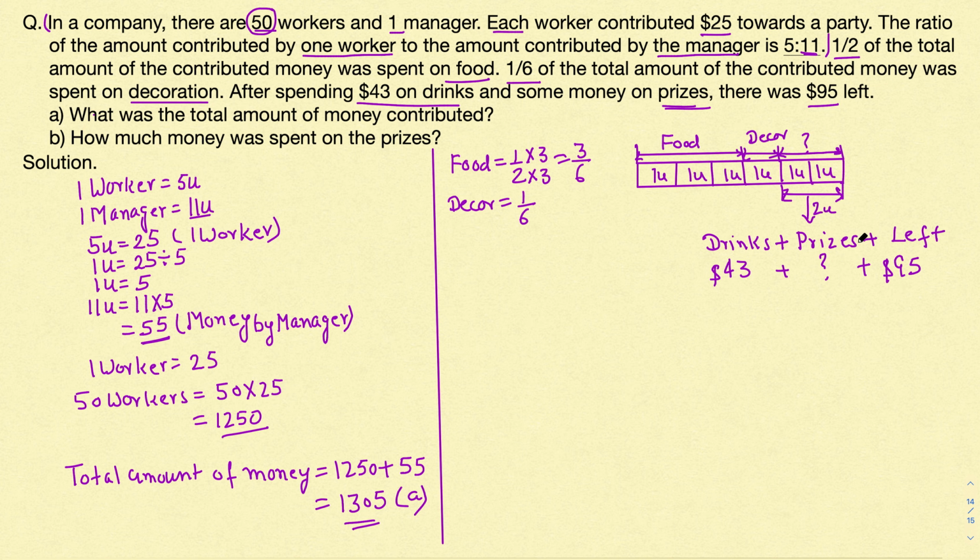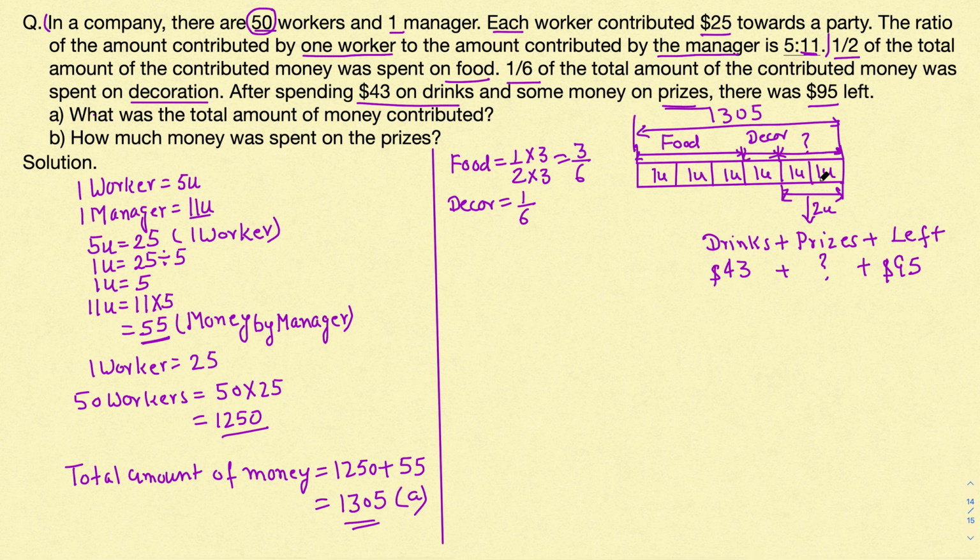So let's leave it here as of now. In order to find how much is spent on this, we know that it's 2 units, but for that first we need to know how much is 1 unit, right? So as we know, this total amount is 1305.